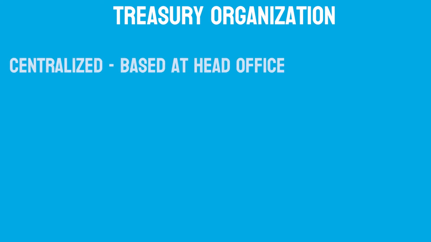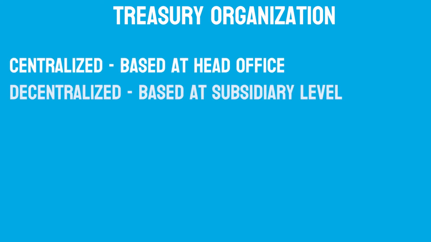Next topic we have to discuss is about treasury organization. When we talk about treasury organization, it's two types. First one centralized and second one decentralized. First of all, it is the responsibility of the board of directors to ensure that the treasury department is organized appropriately to meet the organization needs, okay.